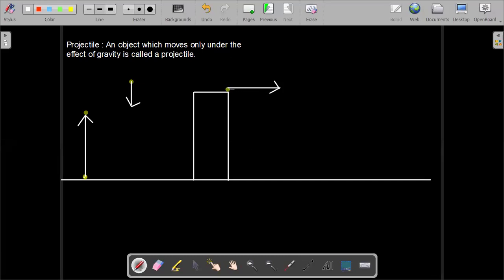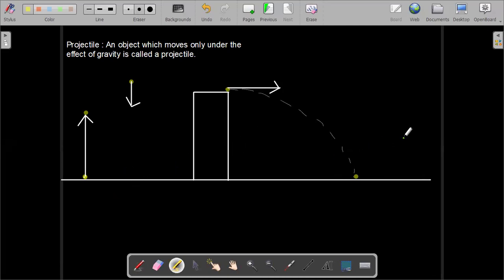It will follow a trajectory, and this is again under the effect of gravity only. So this is a horizontal projectile.